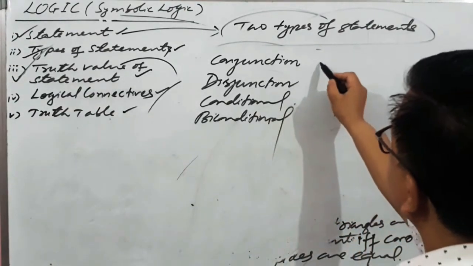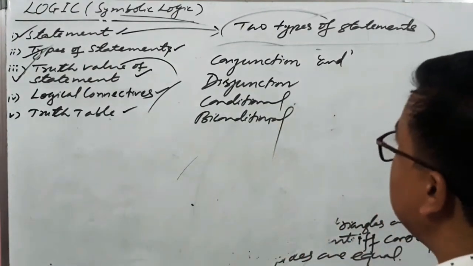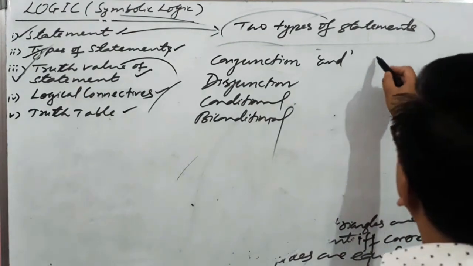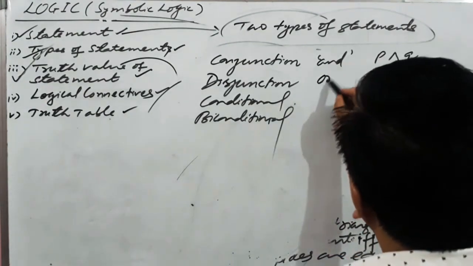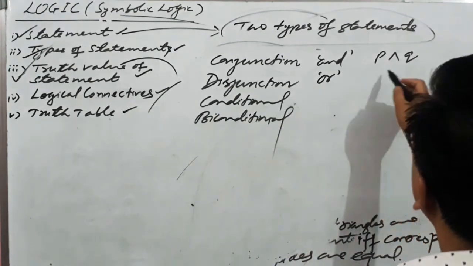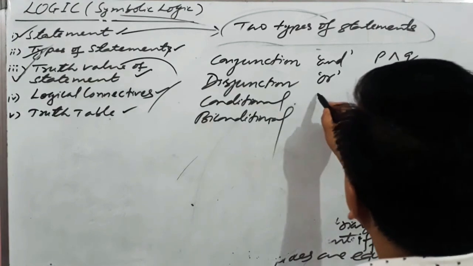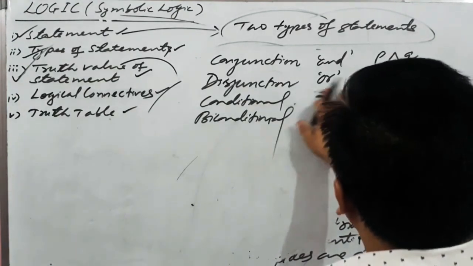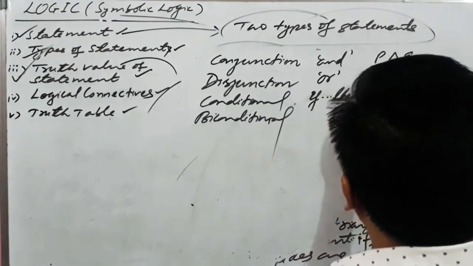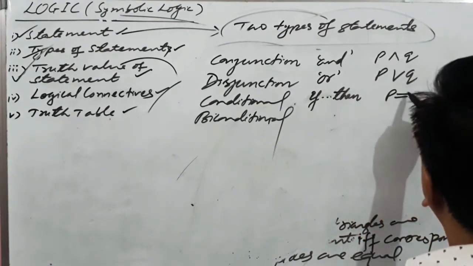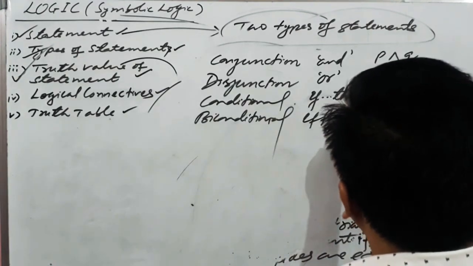Conjunction: the logical phrase we use is the connective "and", and we symbolize it like this, P and Q, right? Disjunction is connected by the word "or", symbolized P or Q. Conditional: if then, symbolized by P implies Q.